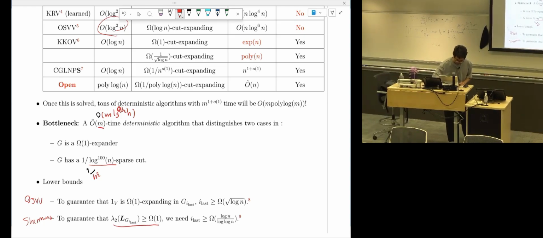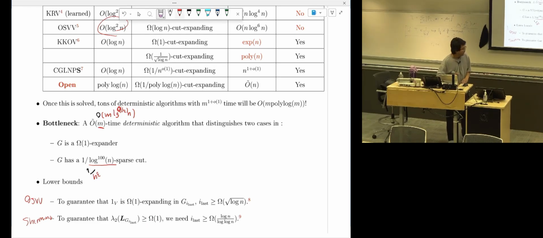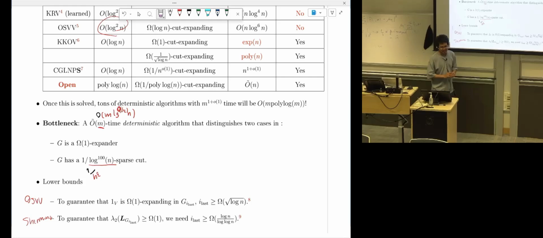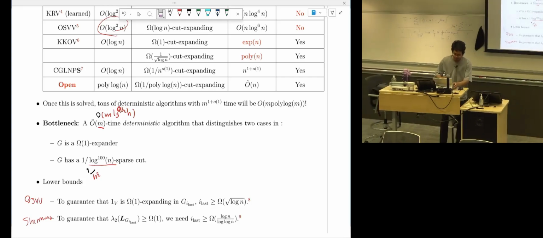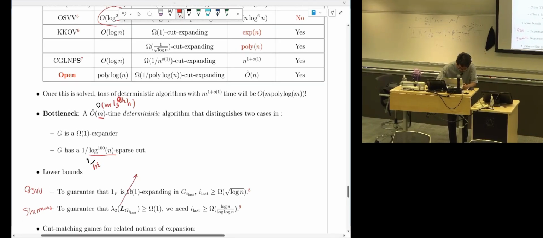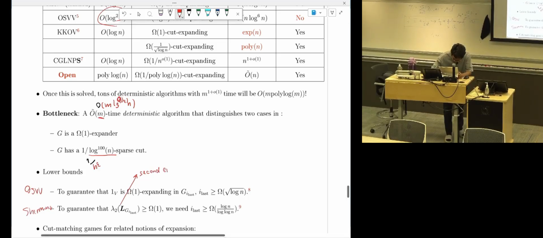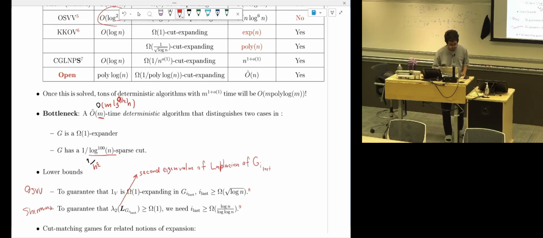It's the second eigenvalue of the Laplacian of G. This is just a keyword.